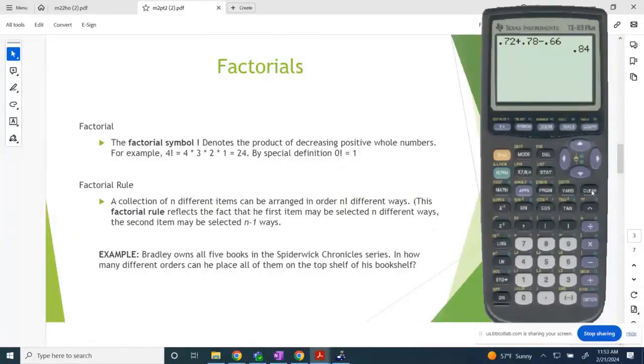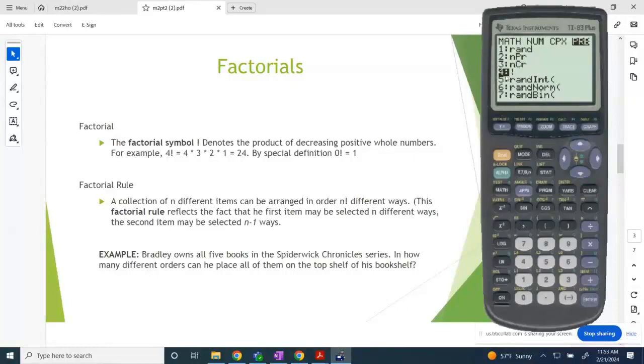So I'm going to show you where you can find these factorials in the calculator. So if I go into math, and if I scroll over to probability, that PRB is probability abbreviated, the second, third, and fourth functions are the functions we're going to use in this class.